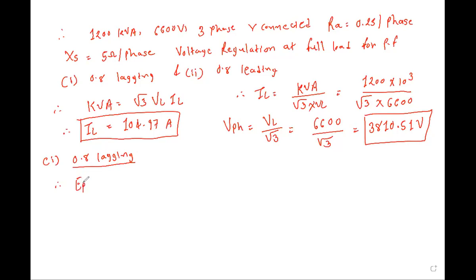Let's say the EPH is the generated EMF. The equation is 4.44 f φ, then KP, KD and TPH. But when can we use that? When we have frequency, flux, number of slots, KP and KD. Here we have none of these: how many conductors, how many slots, what is the value of flux. So we cannot use that equation, but we can use the equation which we derive from the phasor diagram or equivalent circuit. Let me show you.